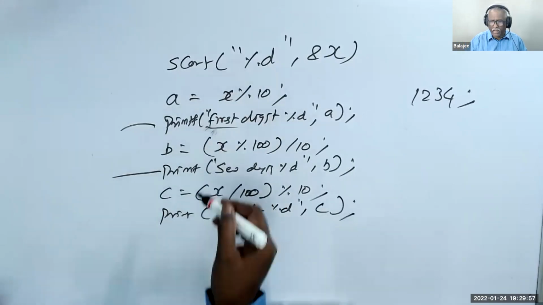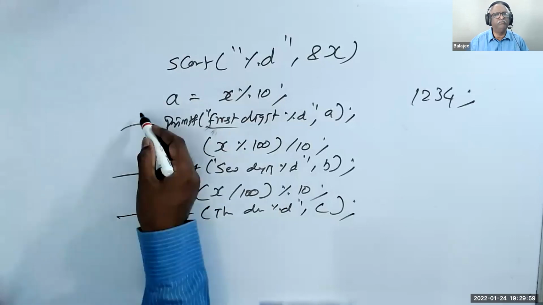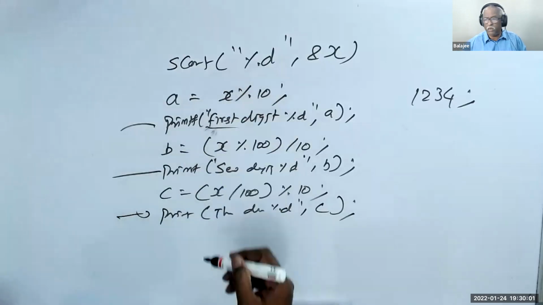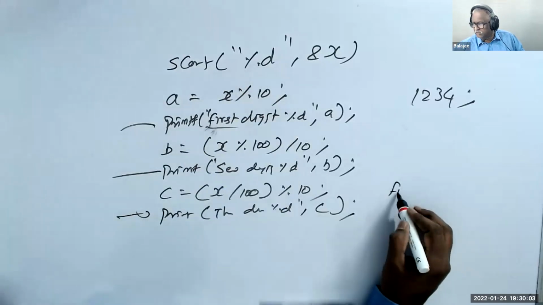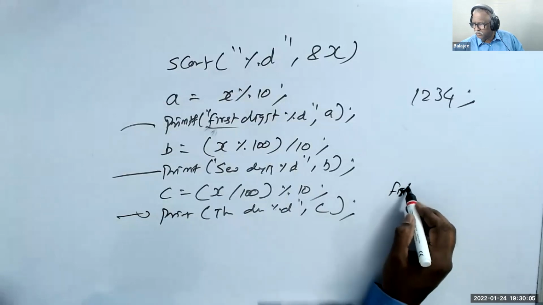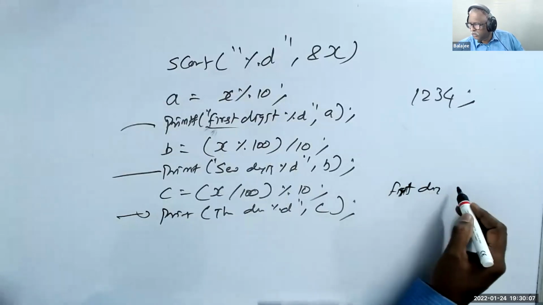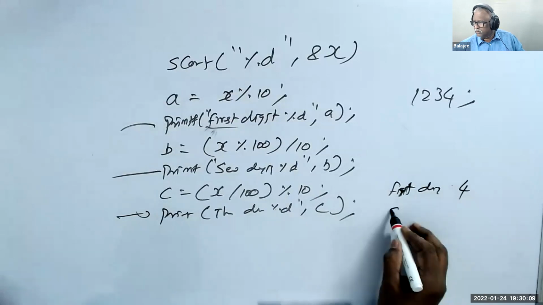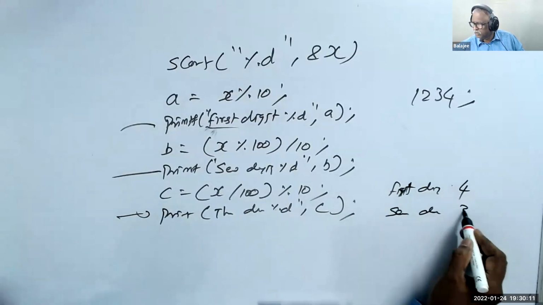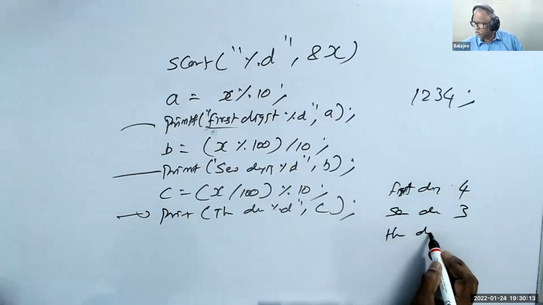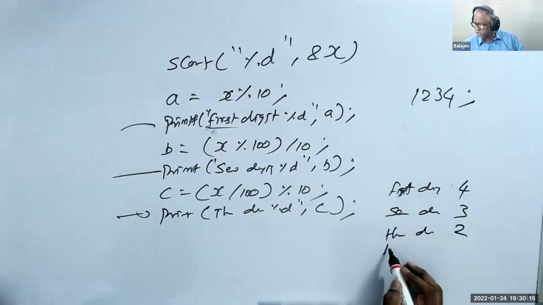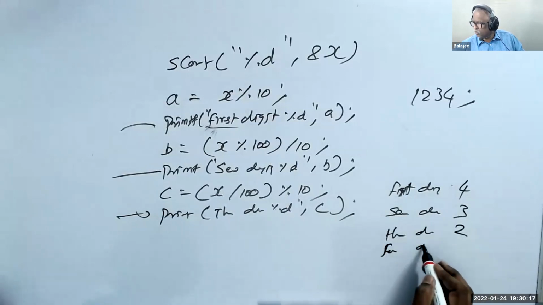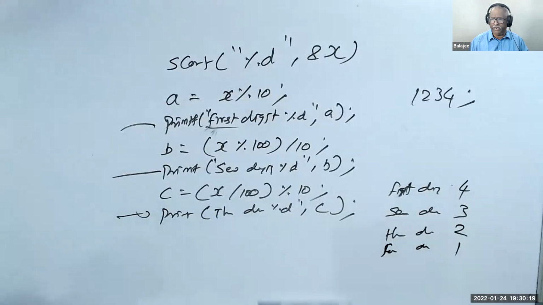I don't hesitate to put printf. Now, when I'm executing the program, I get the first digit 4, second digit 3, third digit 2, fourth digit 1. I got it. Correct. Now it's correct.